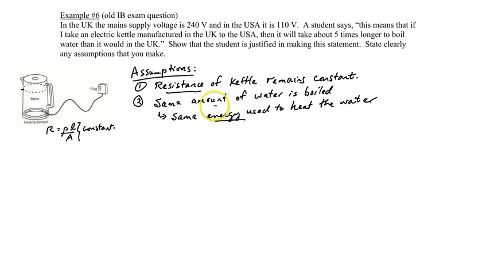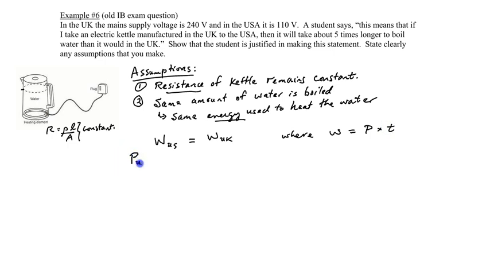So let's start off with this assumption that the energies are the same. The work done in the US would have to be equal to the work done in the UK. And we know that work equals power multiplied by time.